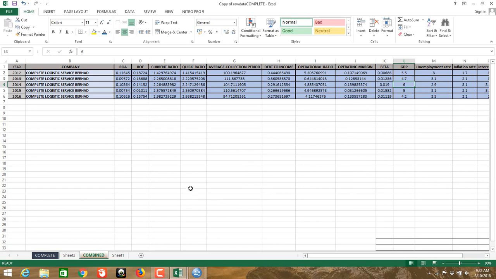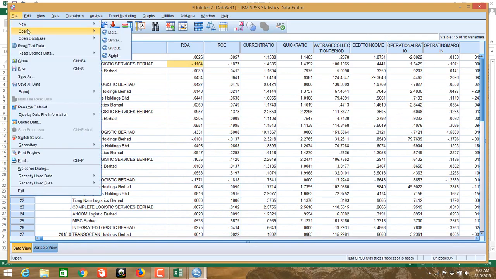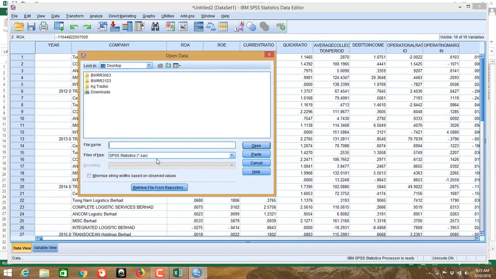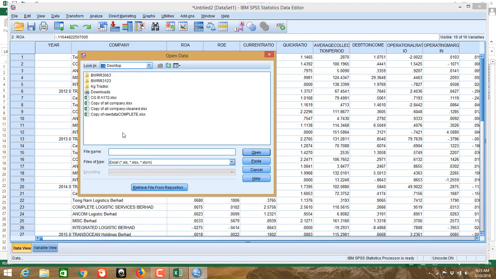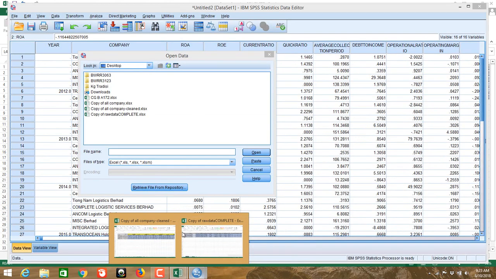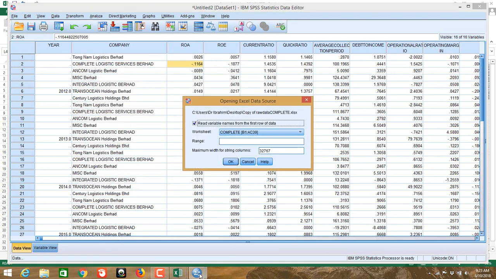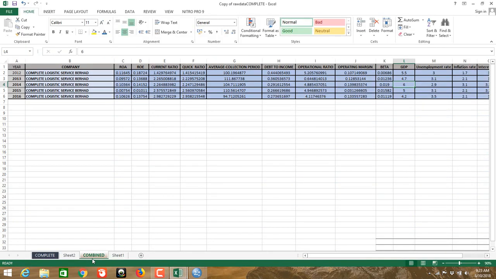Okay, now what you need to do, you go to your SPSS again. Data. And then you locate your file. Double check the company name. Copy of raw data. Okay, this is the one. Now which sheet?